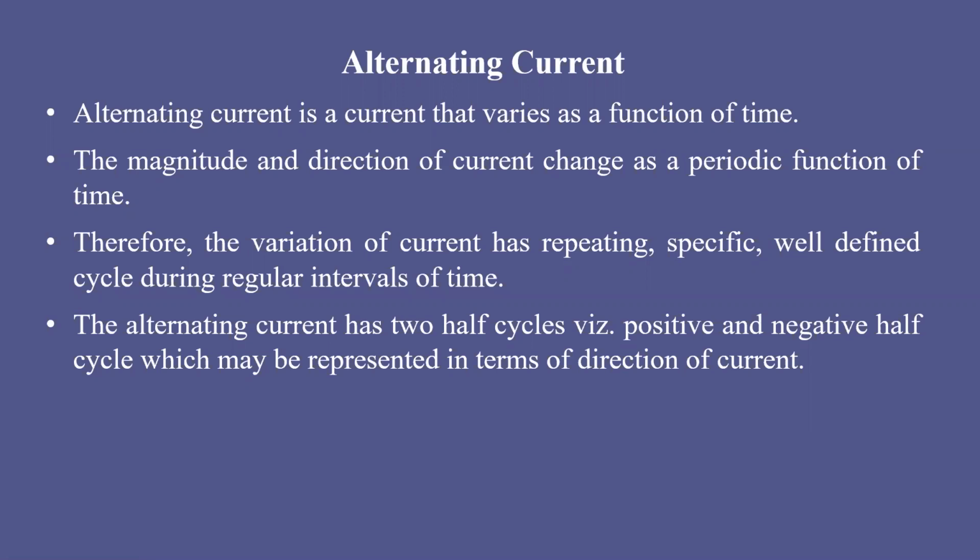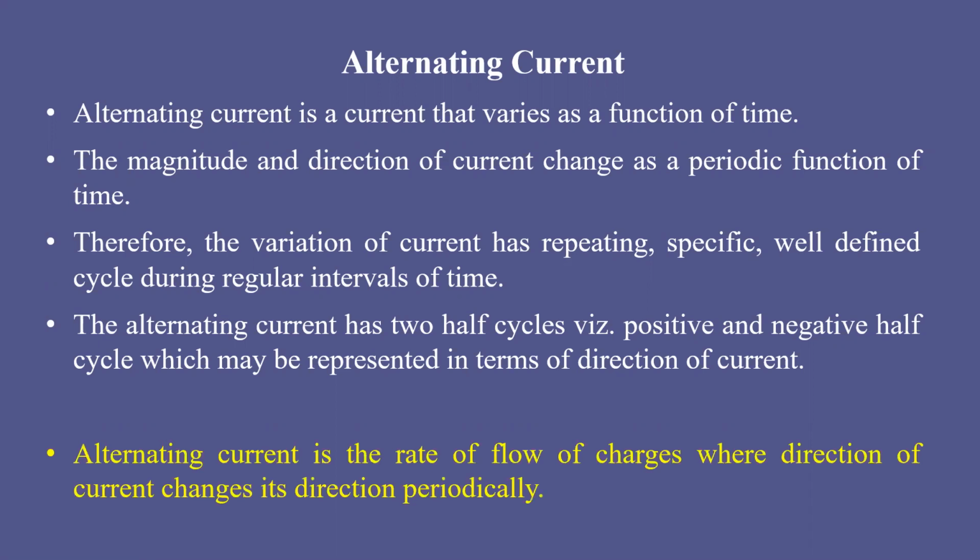I will show you the sinusoidal AC in a representation diagram. So finally, what we conclude from this slide is that alternating current is the rate of flow of charges where the direction of current changes periodically.